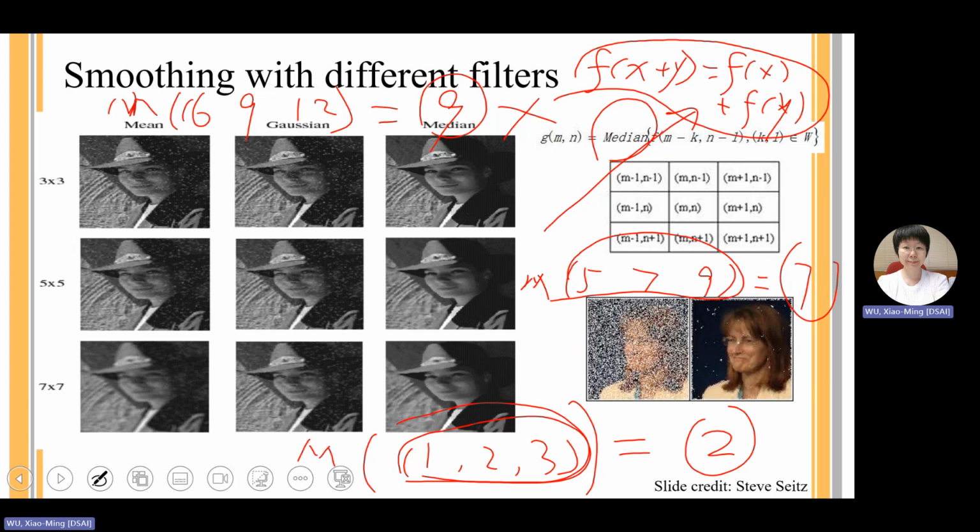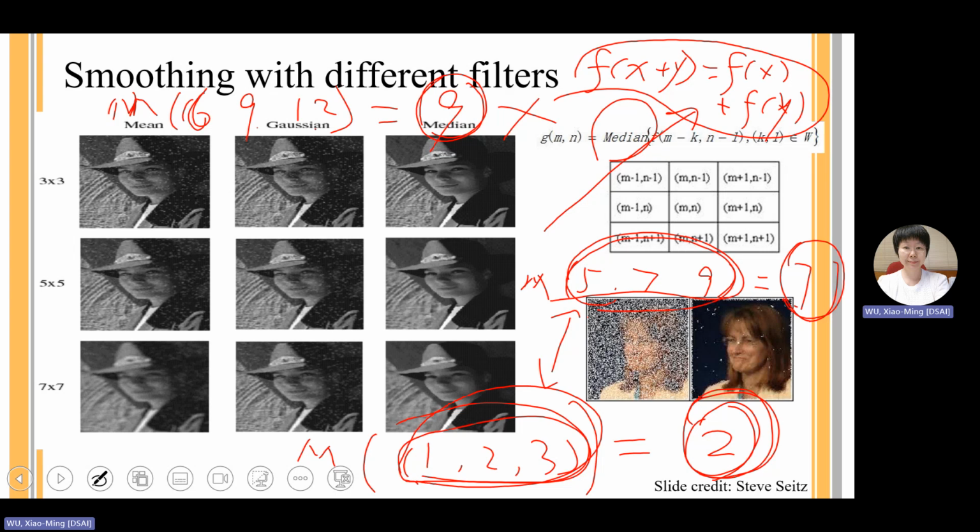Median filter. Well, we just gave you an example. Suppose this is input image 1 and the median filter returns 2. And this is input image 2 and the median filter returns 7. If we add the 2 images up, it gives us 6, 9, 12. And the median filter will return 9, which happens to be the summation of 2 and 7.